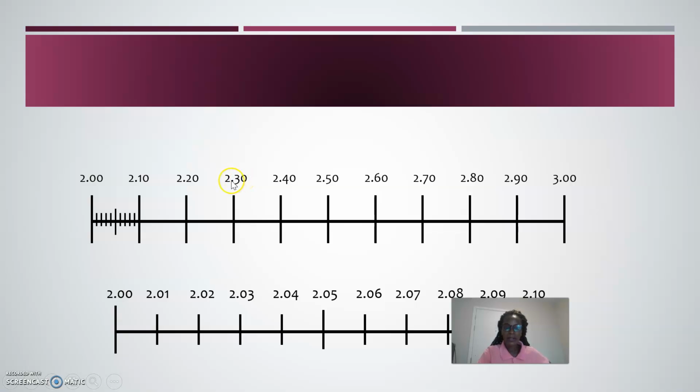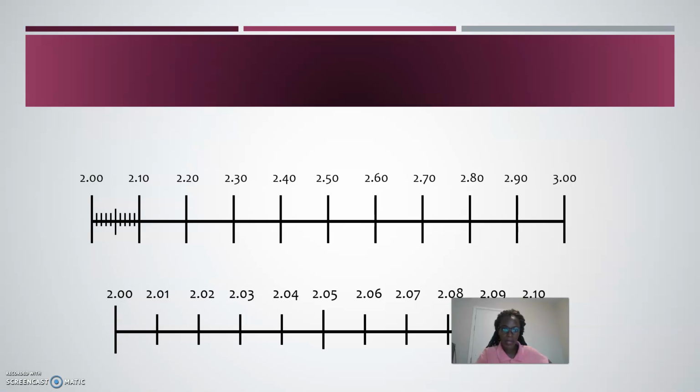The whole is just 2 plus the decimal here, which is now 0.30. You ask yourself, 0.30, what fraction is that? It's just 0.3. That fraction can either be 3 over 10 or 30 over 100. It depends on which base you're using.